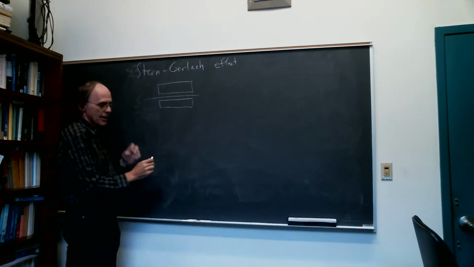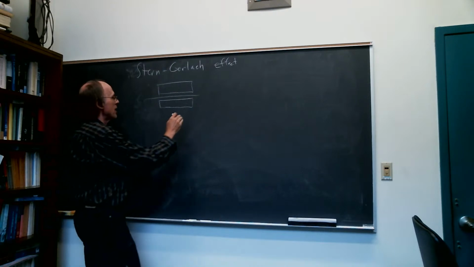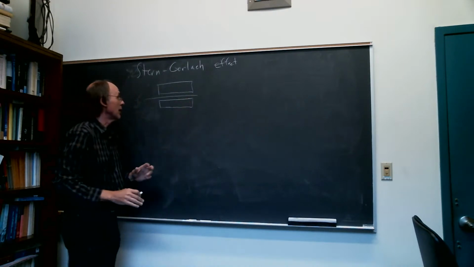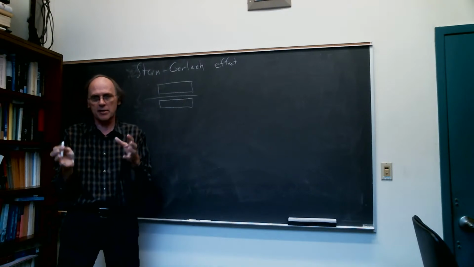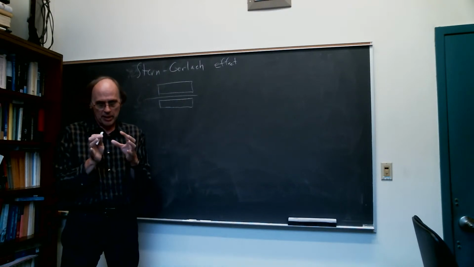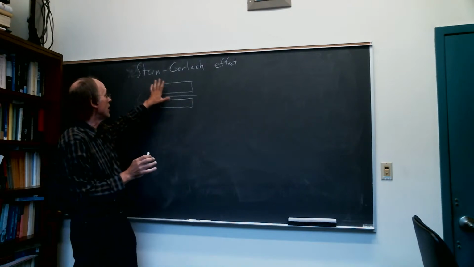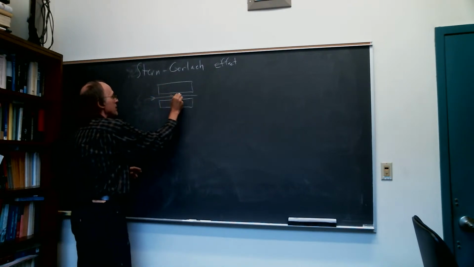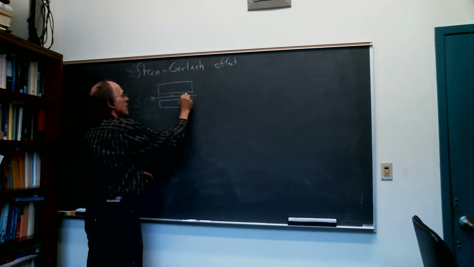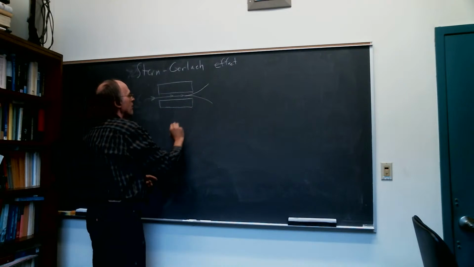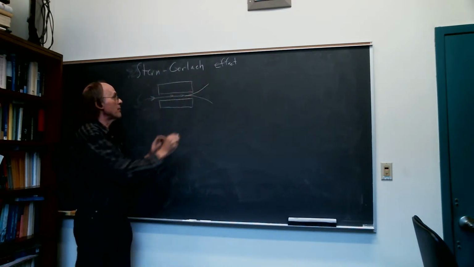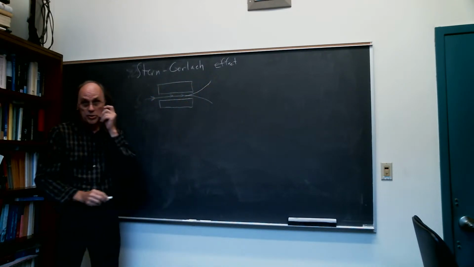If you take a beam of charged spin half particles and put them in an apparatus like this, you find that the magnetic field causes the beam to break up and go in 2 different directions.